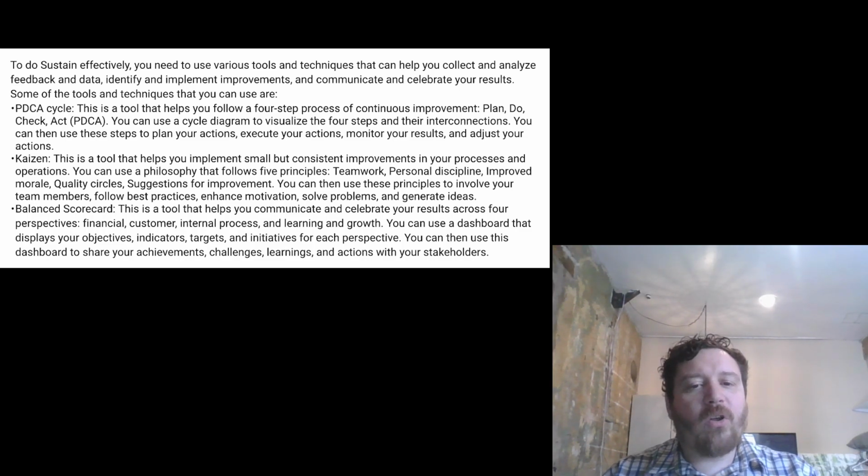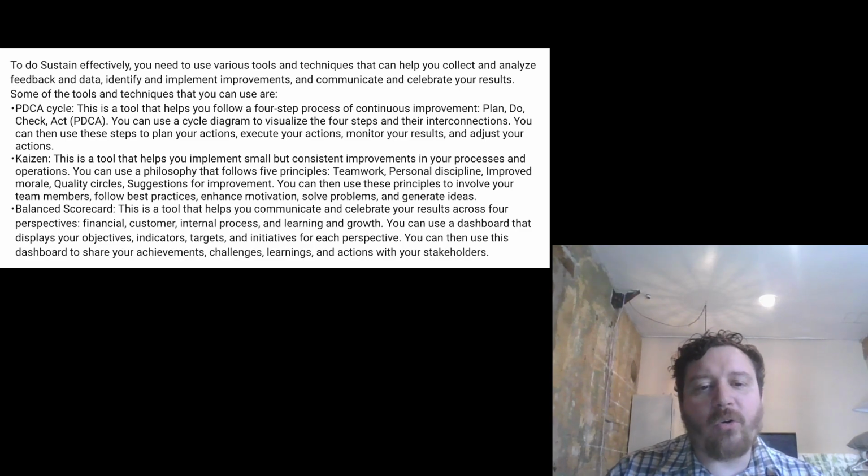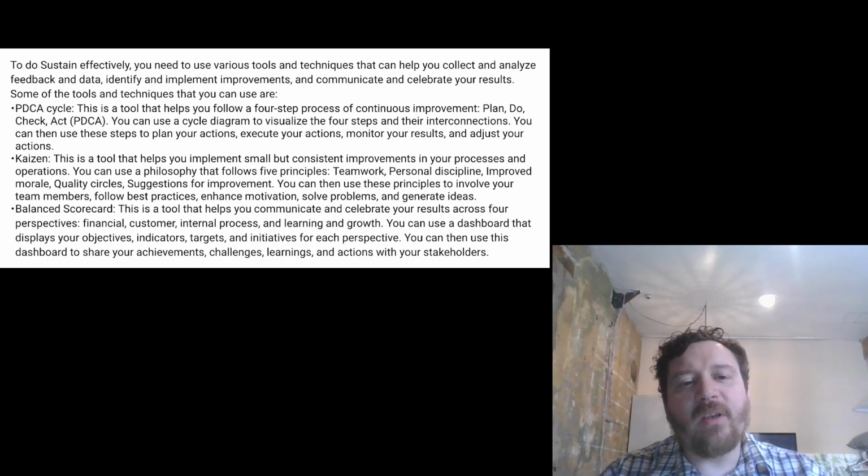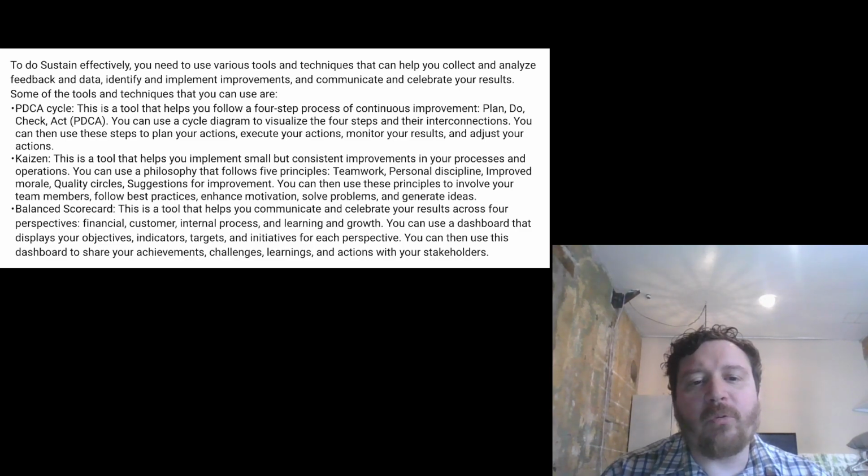Quality circles. We solved problems and issues in our processes and operations using quality circles. We formed small groups of team members who met regularly to identify, analyze, and resolve problems using various tools and techniques. Suggestions for improvement.